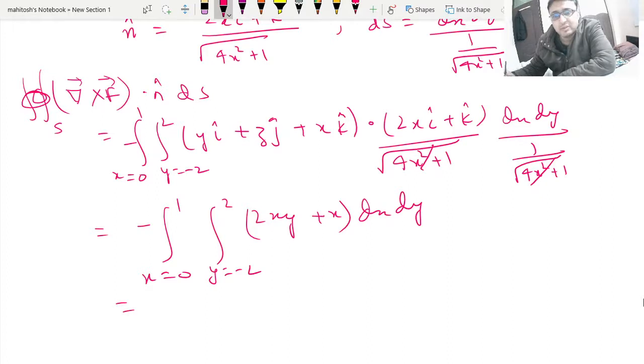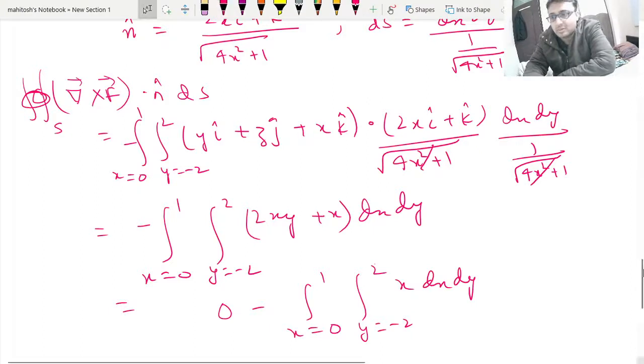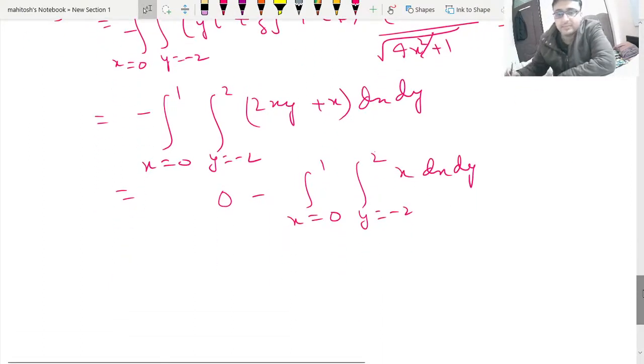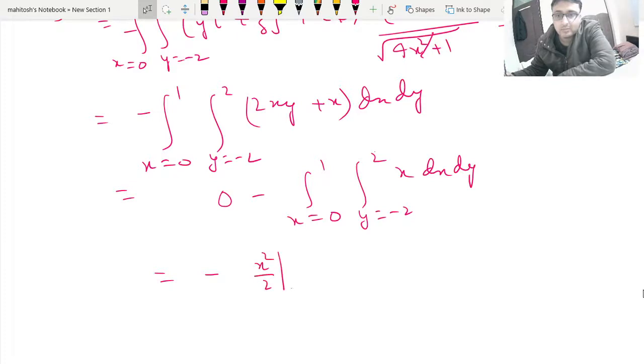So first function is an odd function, so we will write this as 0 minus of the integral with x from 0 to 1, y is equal to minus 2 to 2 of x dx dy, which can be written further as minus of x square by 2, 0 to 1 into 2 minus of minus 2.